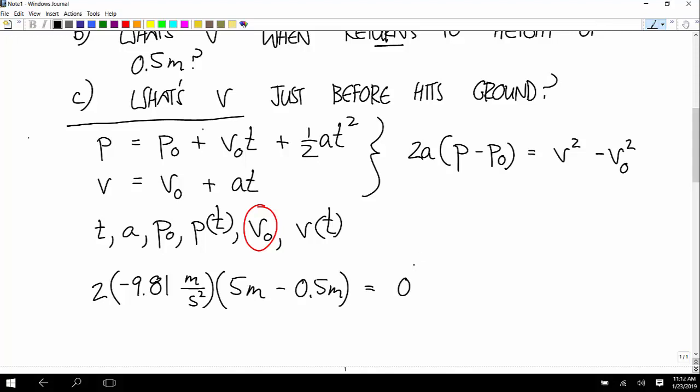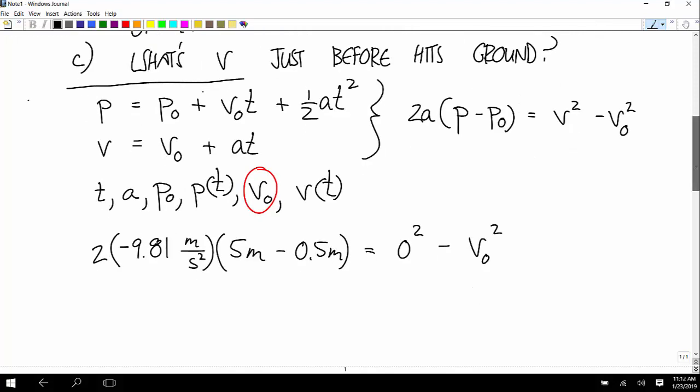That's equal to 0 squared minus v0 squared, which we're trying to find. So this is 2 times negative 9.81, negative 19.62 meters per second squared, times 4.5 meters is equal to negative v0 squared.